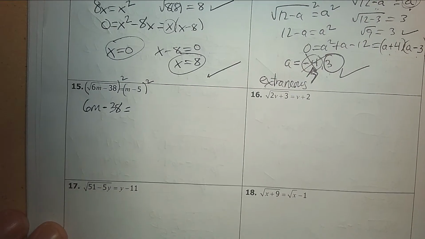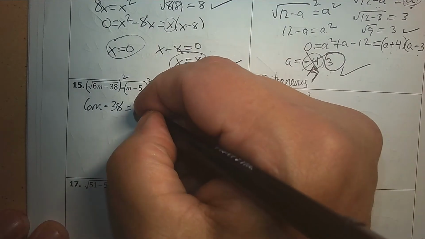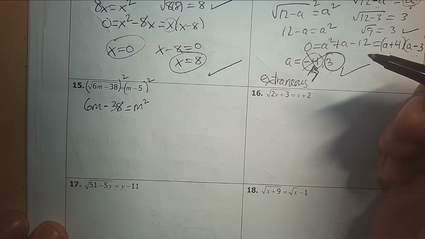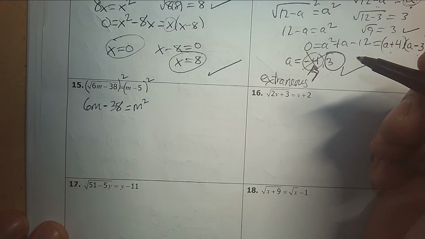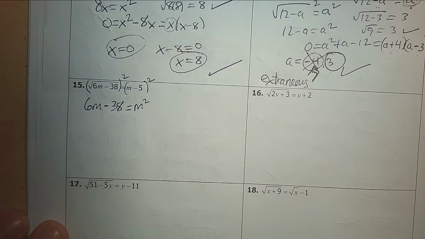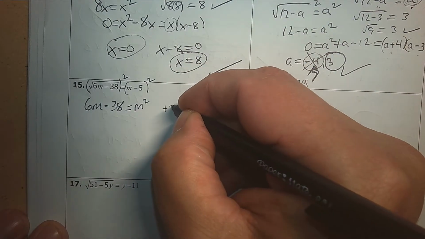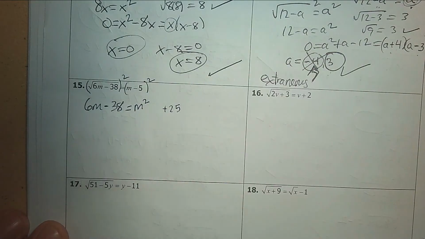What's that? M squared minus 45. Minus what? 45. Really? You think m subtract 5 squared is m squared subtract 25. Try again. You think it's plus 25? So I do think that negative 5 times negative 5 is plus 25.